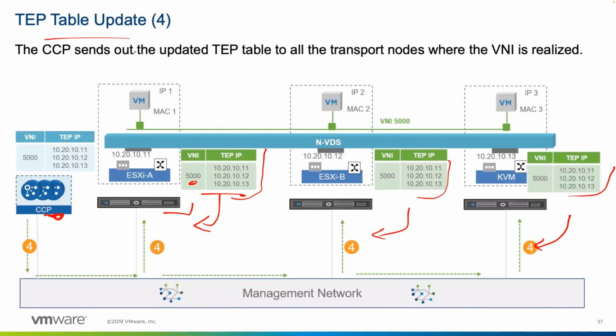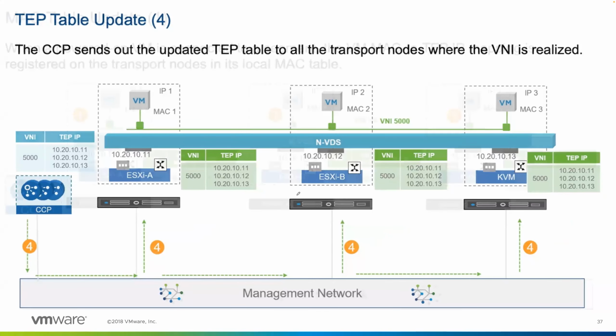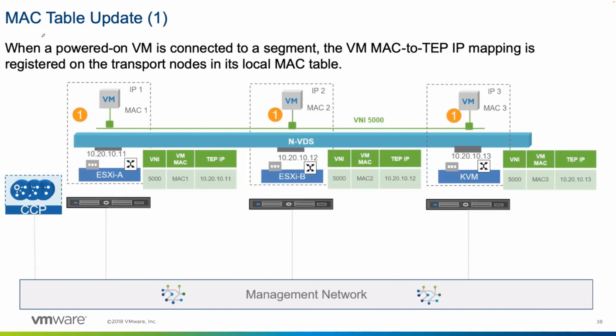Now that's the TEP table. The second one is the MAC table. The MAC table is a very important one when it comes to layer 2 switching.